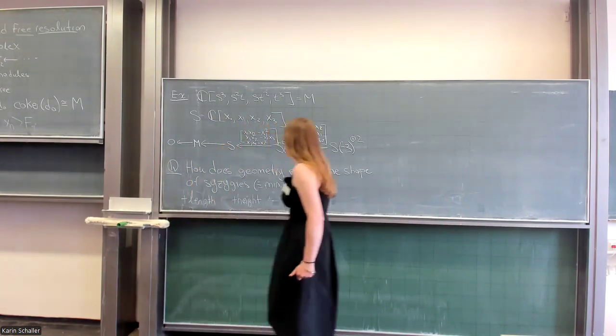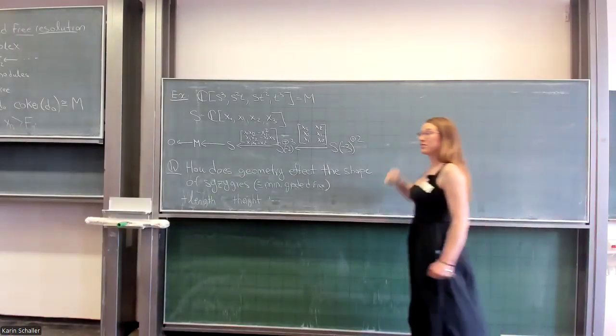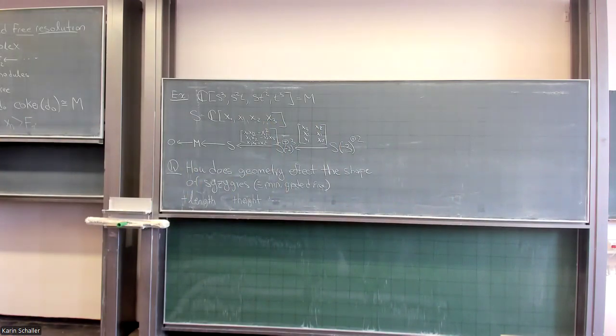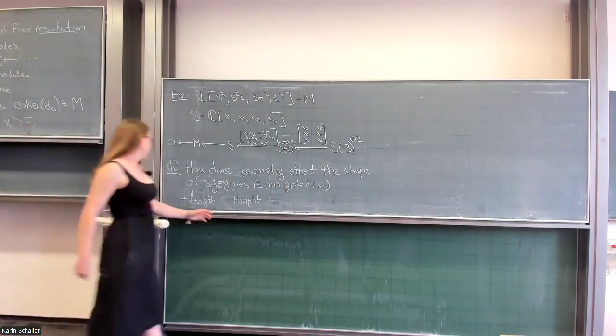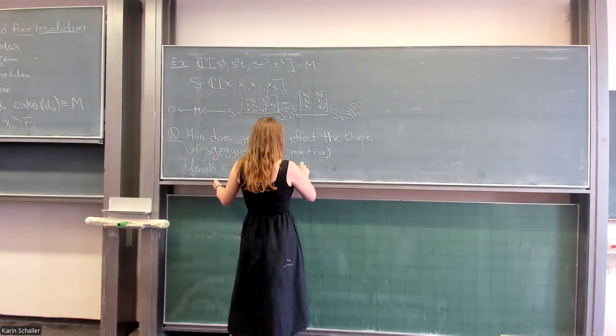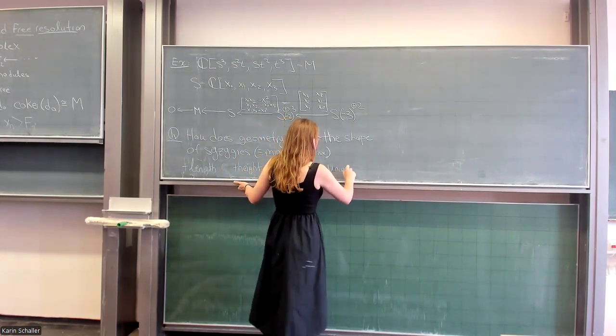And the last two things, where maybe I'm stretching the word shape: do these things exist? We wrote down one, but that doesn't mean they exist. And if they exist, are they unique? So we want to talk about length, height, existence, and uniqueness.